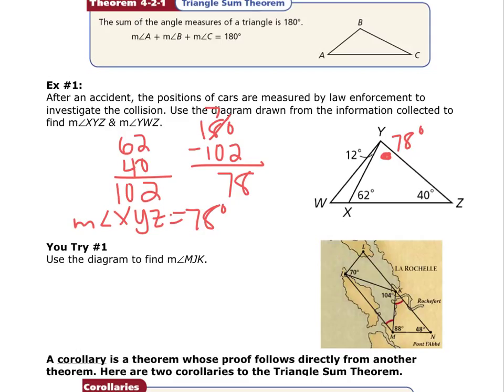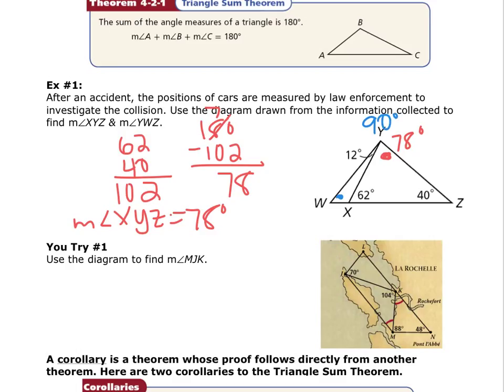Okay, second part of the problem says find the measure of YWZ. YWZ is over here. So I'm going to put a little dot here. So if I focus on the bigger triangle, triangle WYZ, the whole thing, I know 40 degrees. I also know all of angle Y. I can add those together. So when I do that, I get 90 degrees.